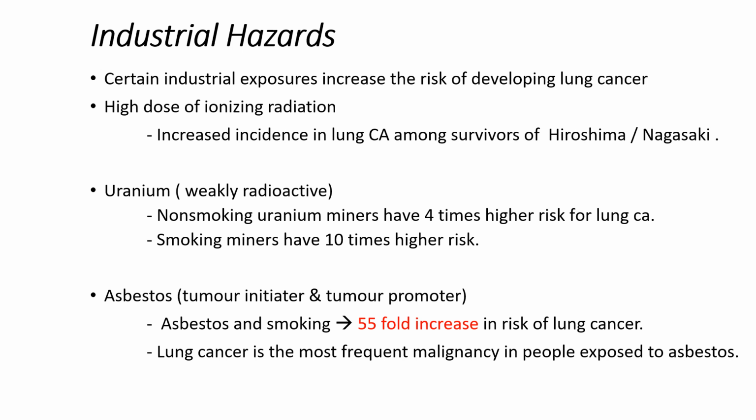Non-smoking uranium miners have 4 times higher risk for lung cancer, and smoking miners have 10 times higher risk. Asbestos is a tumor initiator and tumor promoter. So asbestos and smoking can increase the risk of lung cancer by 55-fold. Lung cancer is the most frequent malignancy in people exposed to asbestos.